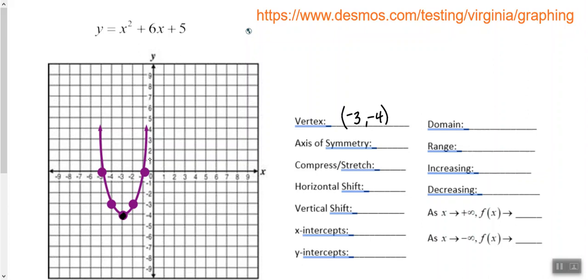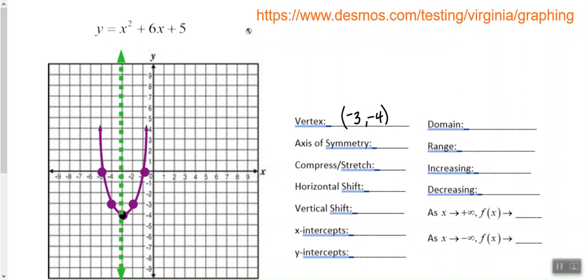So if I was to draw a line through my vertex, notice that each side is symmetrical. One jump, I hit the next dot. One jump, I hit the next point. 2 jumps, point. 2 jumps, point. So this green arrowed line represents the axis of symmetry.